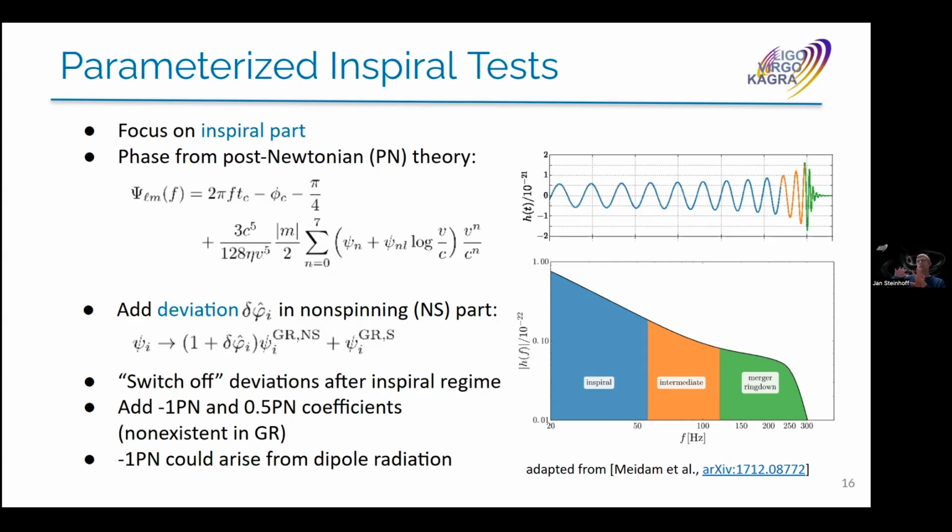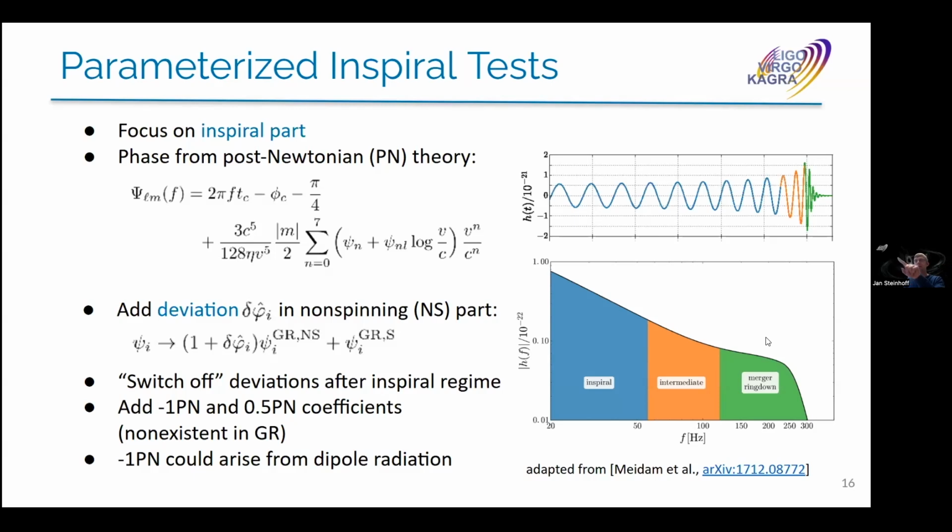Now, those deviations, those modifications have to be switched off after the inspiral. And how exactly this is done depends a bit on the method that is applied. And also, we do introduce deviations for terms which do not appear in the general relativity prediction. For instance, for the so-called -1 PN term, which could correspond to dipole radiation.